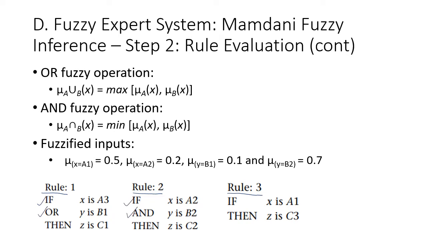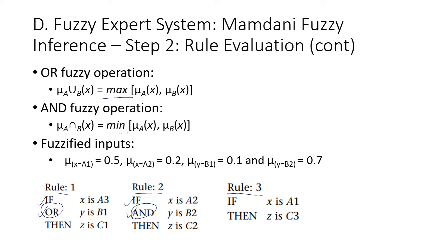Only rule 3 has a single antecedent. So for rule 1, because the operation is an OR operation, we will be using a max evaluation. As for rule 2, because the operation is an AND operation, we need to do a min evaluation.